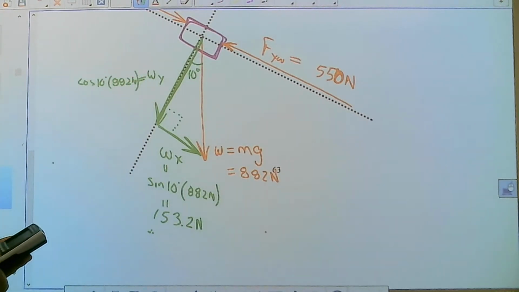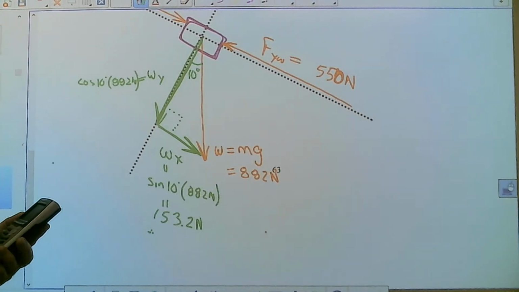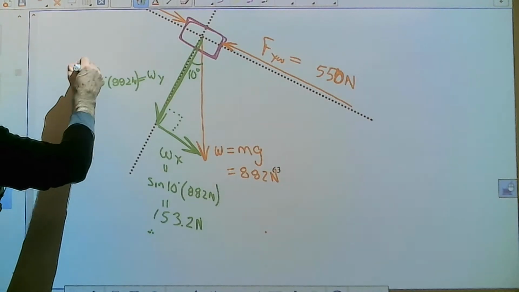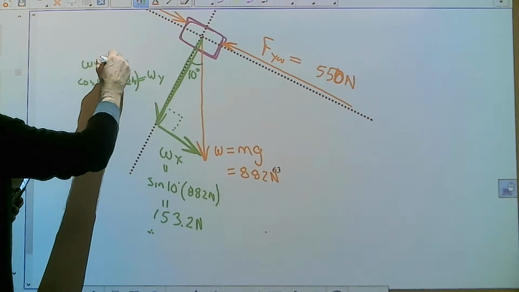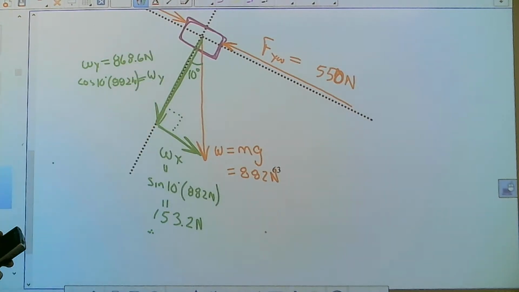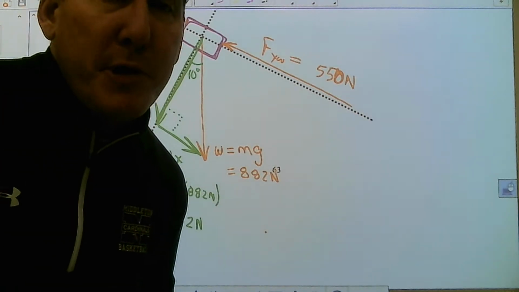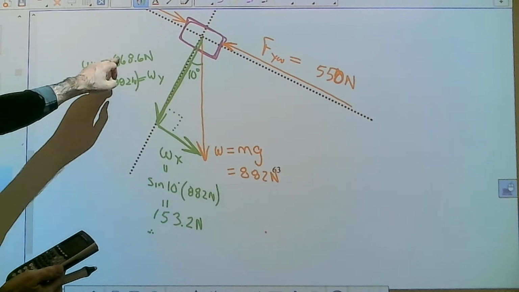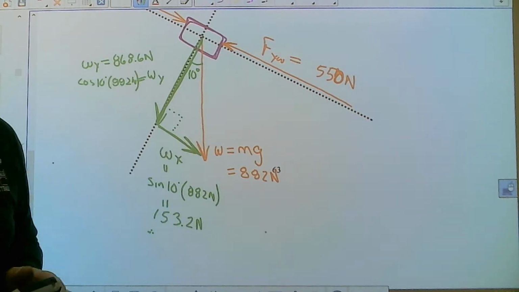So cosine of 10 degrees times 882, I get 868.6. You can always double check these components by doing the Pythagorean theorem. That squared plus that squared should equal that squared, and I'm confident they will.